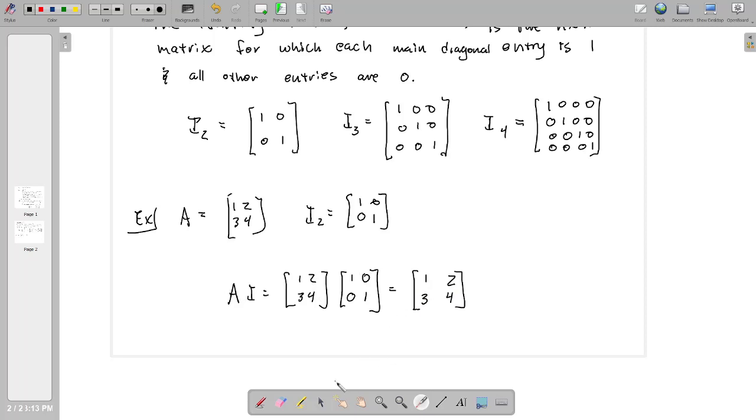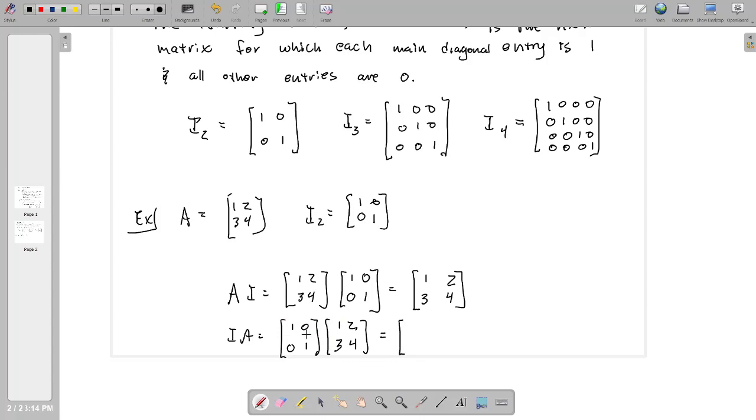Now we could also do I times A and we would get the same thing. 1, 0, 0, 1. I just want to show you this because we know that not all matrix multiplications are commutative. With the identity, it should always be commutative because the identity doesn't change the matrix at all. 1 times 1 is 1, plus 0 times 3. This would be the first row, first column.